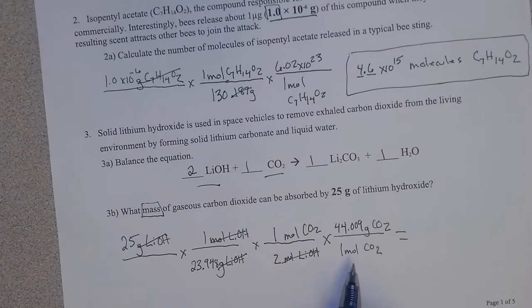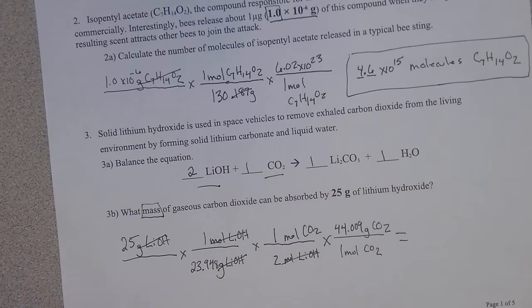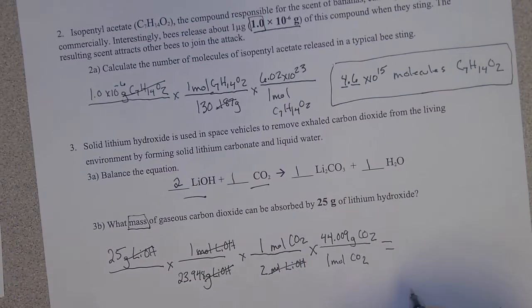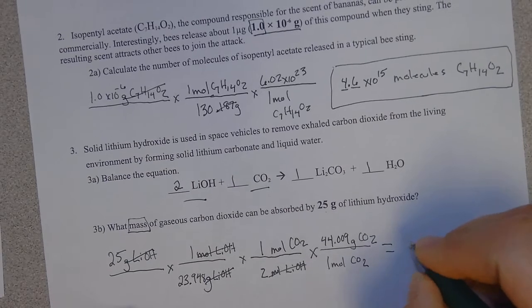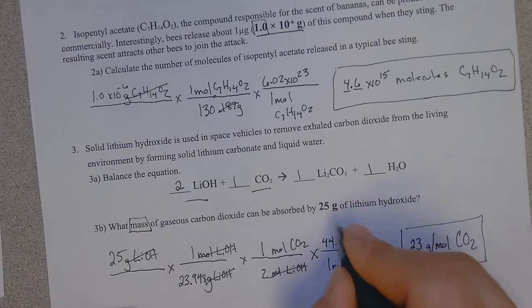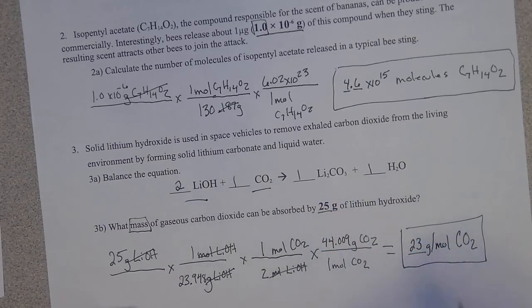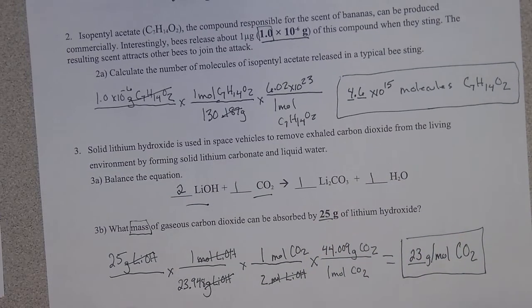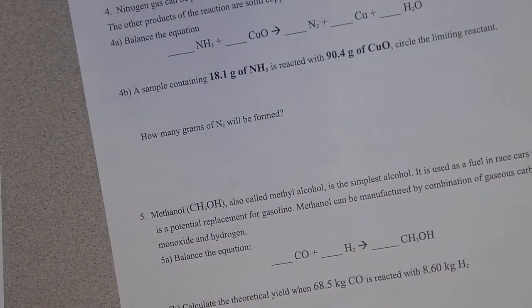When I do all of this the right way, I get 23 grams of carbon dioxide. 2 sig figs, 2 sig figs. Okay? On the back.